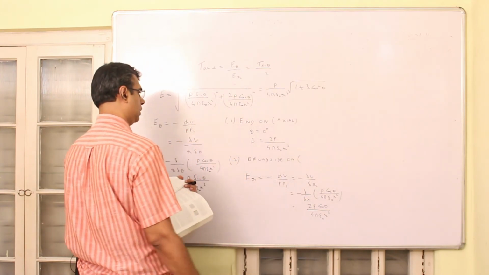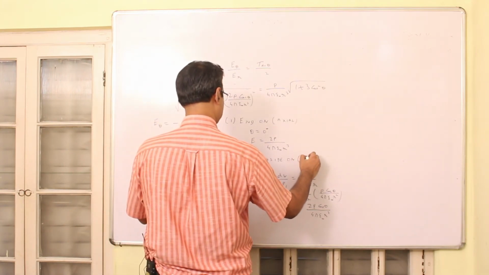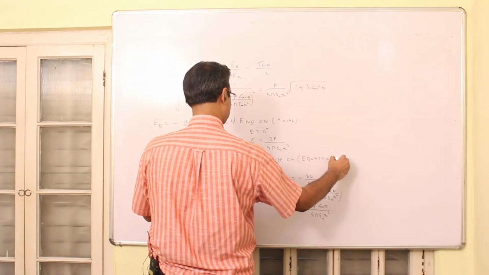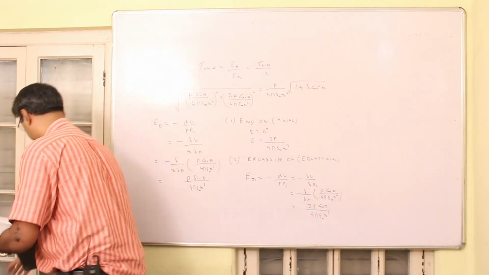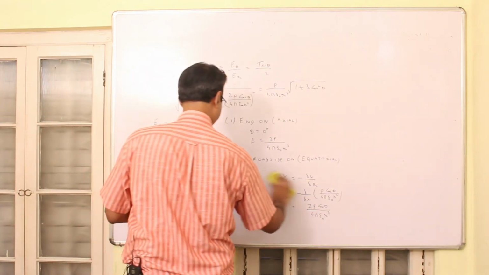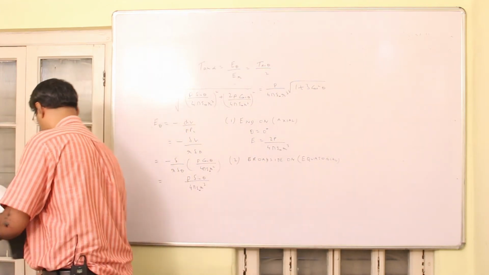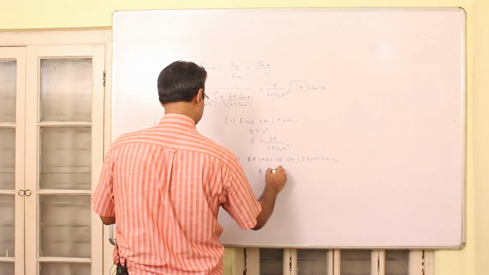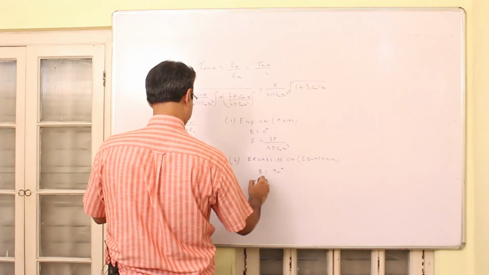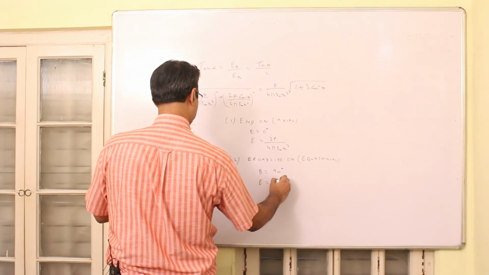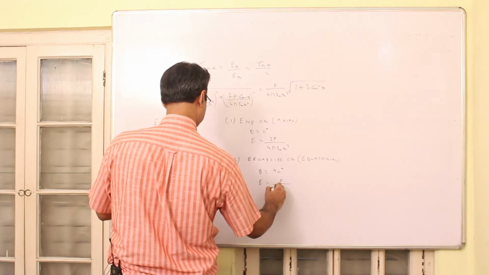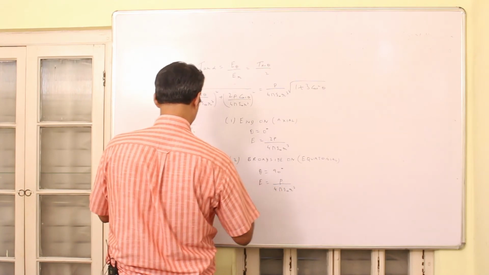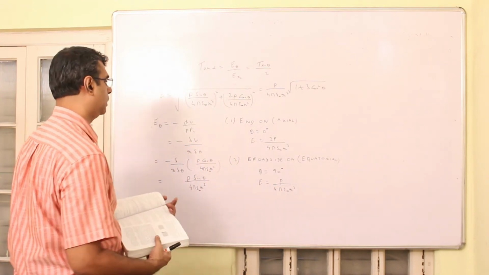The other one is known as broadside on, which is also known as equatorial. So for this, theta will be 90 and the field will be P by 4 pi epsilon naught r cube.